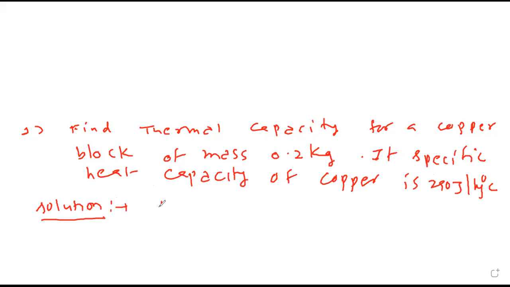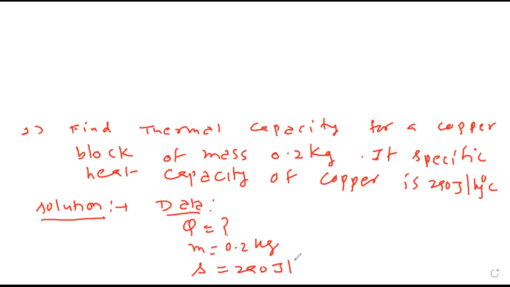Find the heat capacity for copper, that is Q, which is thermal heat capacity, mass 0.2 kg and specific heat S is 290 joule per kg degree Celsius.